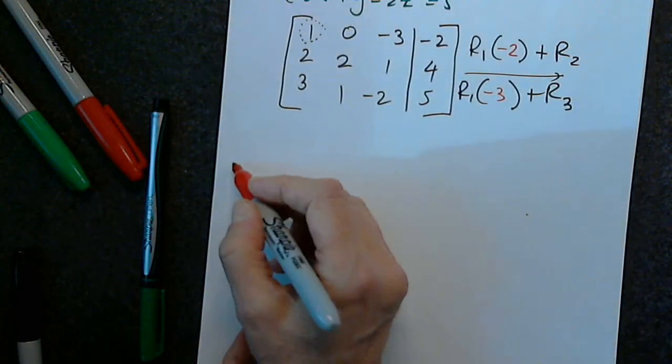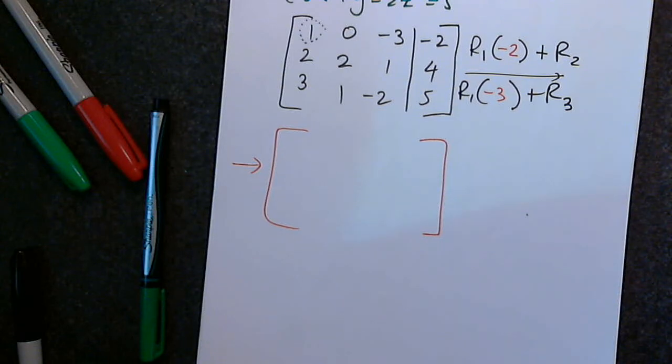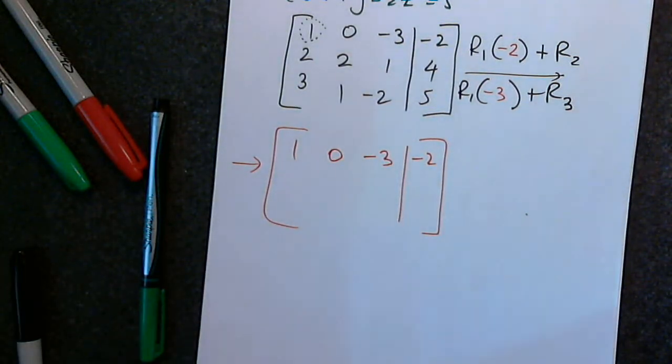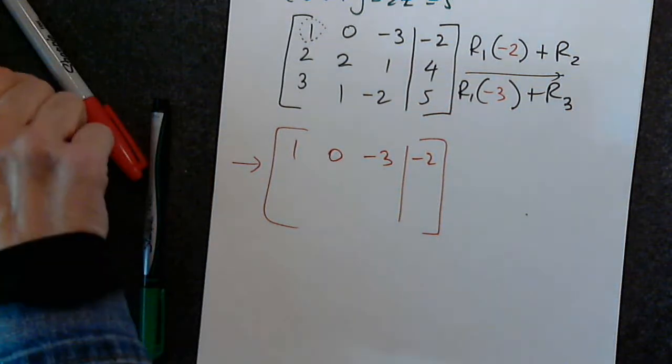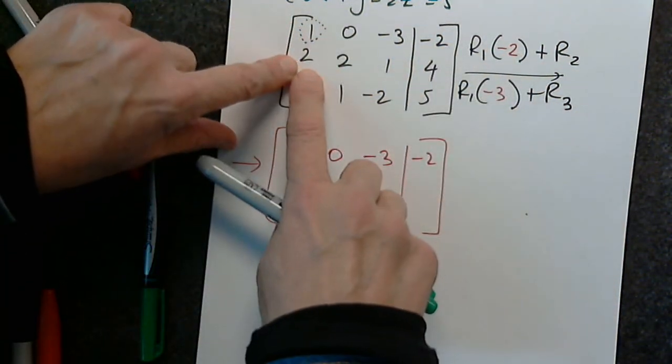Very good. So let's see what we find. Which row do I have to copy, because it will not change at this point? The one that I'm using. Yes. 1, 0, -3, -2. And now let's see what we get. 1 times -2 plus 2.